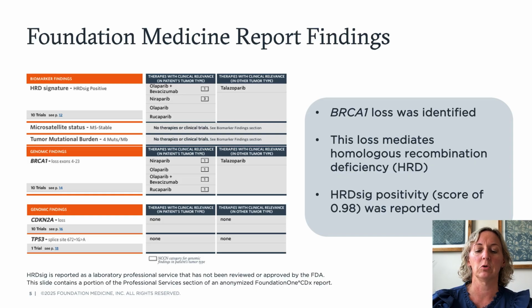Other alterations include CDKN2A loss and a TP53 splice site mutation, though neither currently has approved targeted therapies in ovarian cancer. Clinically, the most significant finding is the BRCA1-driven HRD, which supports the use of PARP inhibitors. And I'll turn it over to Ilian.